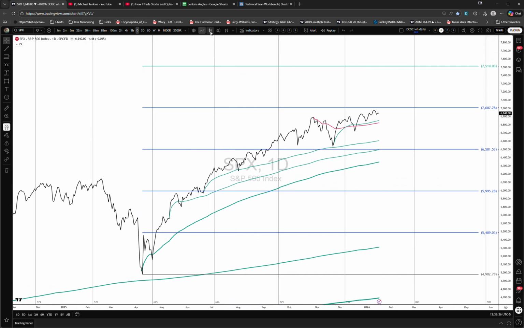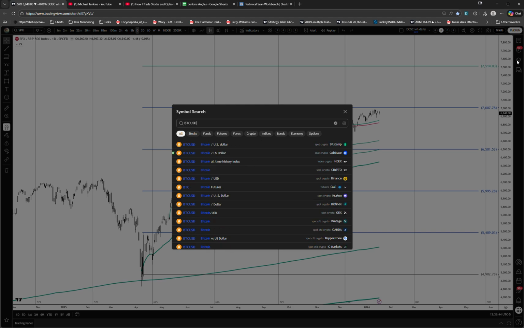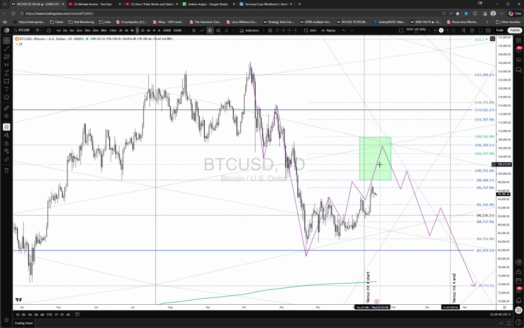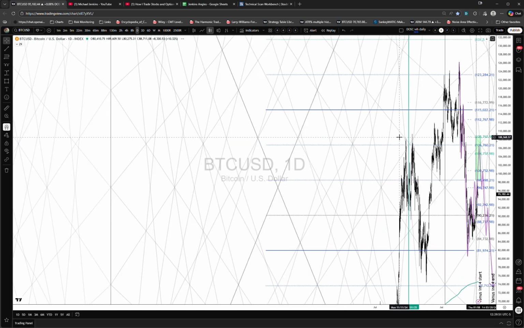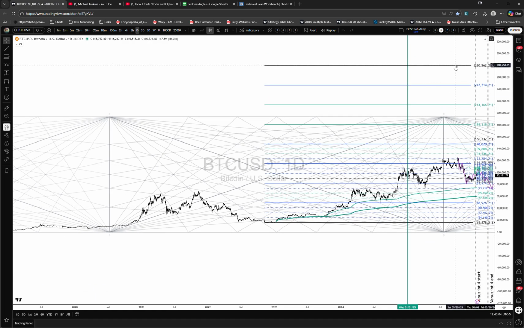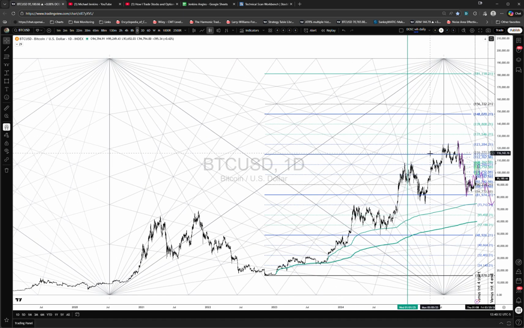So let's try this on the S&P, but I've done it with a number of different assets and price ranges. So we've got Bitcoin, and I've got a lot of drawings on here, but I've got this anchor point going, or these harmonic ranges going all the way from the 2022 low, and I've got the full one that takes us up to a total of 280,000, and you can see that we've got a lot of respect for these levels as it's navigated through.